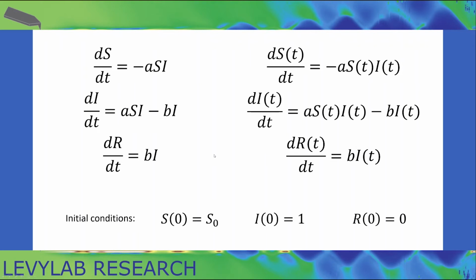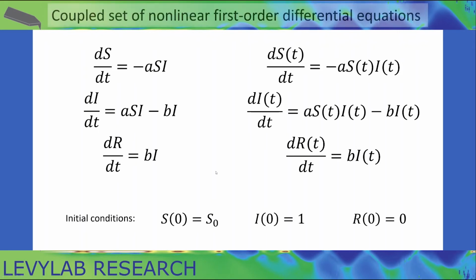That makes this problem a little bit more challenging to solve, but it's actually numerically quite straightforward to solve. It's just that in terms of writing down an answer analytically, it's more complicated and harder to do. So this is a coupled set of nonlinear first-order differential equations.